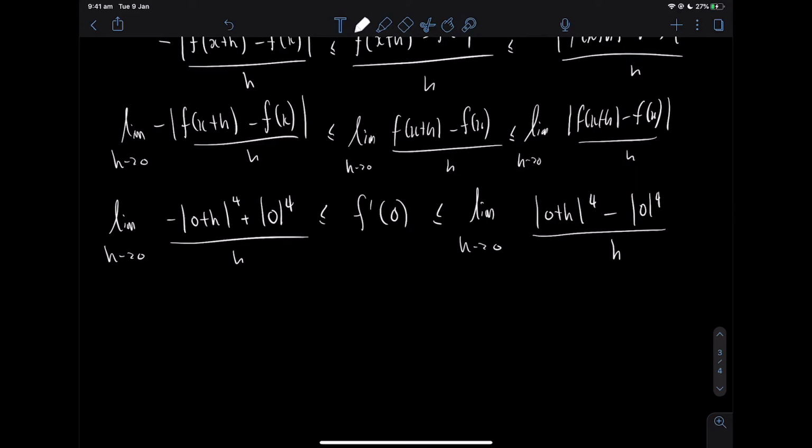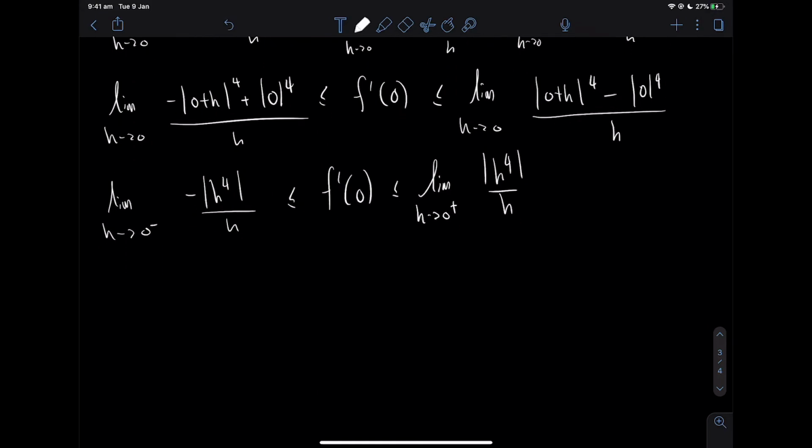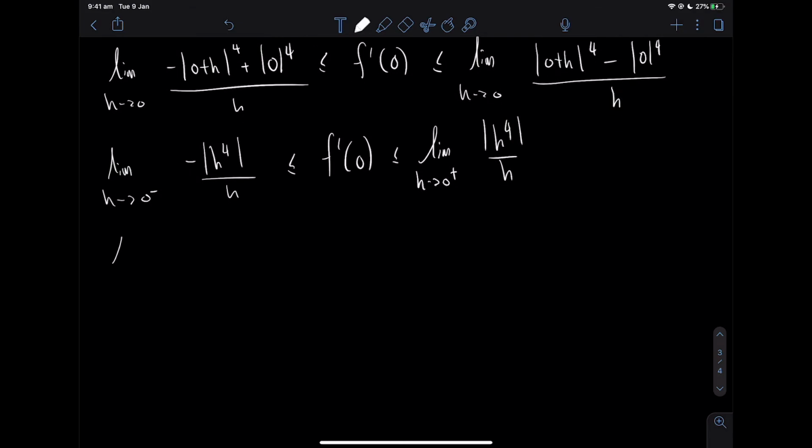And now we can simplify this a little further and say that the limit as h goes to 0 from the negative direction of h to the 4 on h is less than or equal to f dash of 0, which is less than or equal to the limit as h goes to 0 from the positive side of h to the 4 on h. And now we can simplify this even further.